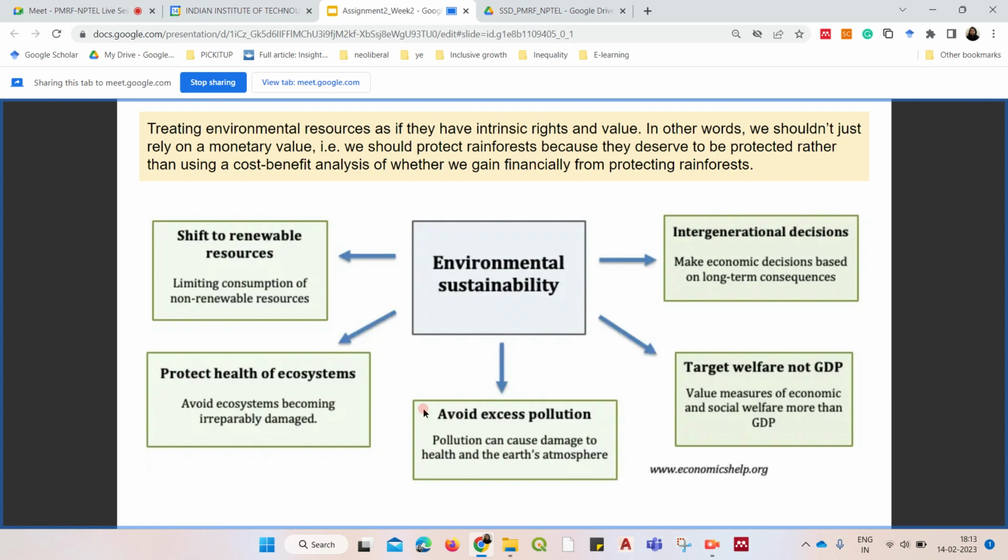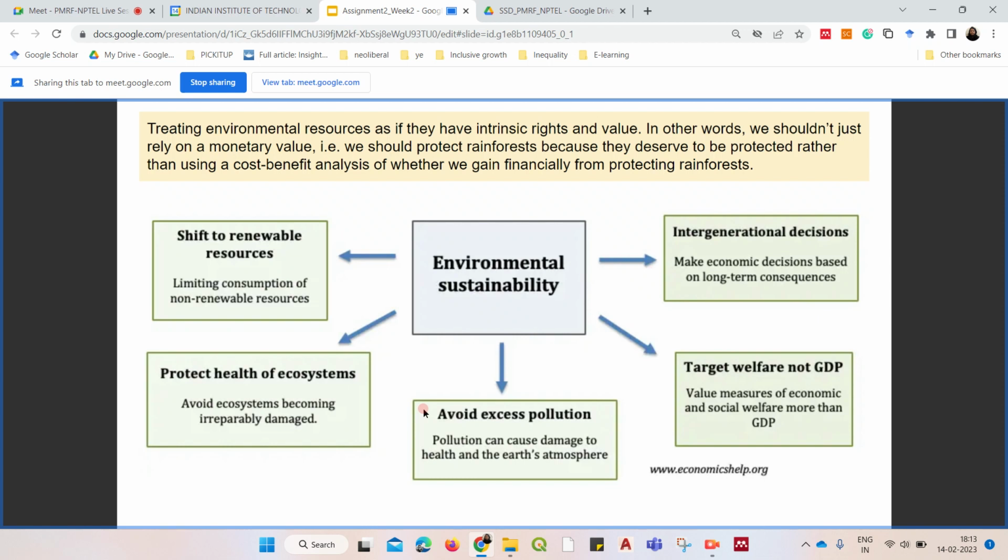So many a times, especially if you go from the view of an economist, the value of any environmental resource is just what we gain financially from that resource.